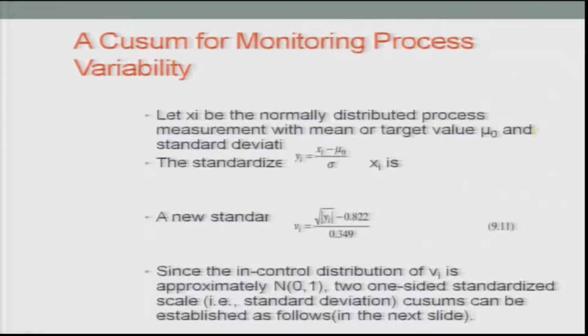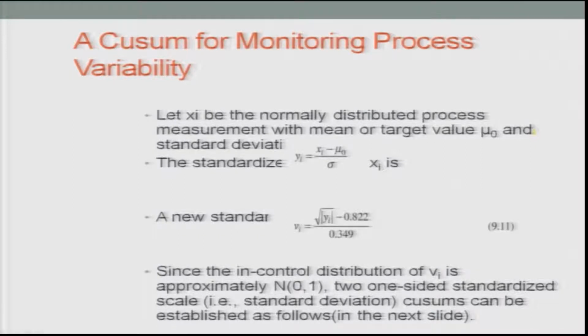Here the sample size would not make much sense, but depending on the number of such fluctuations we have on the positive side and negative side, based on that we recalculate and find the average values and do the calculations. So, this new standard deviation, which is v suffix i, would be given by the square root of mod of y i minus 0.822 divided by 0.349, which are the proxies for the target value and the standard deviation respectively.